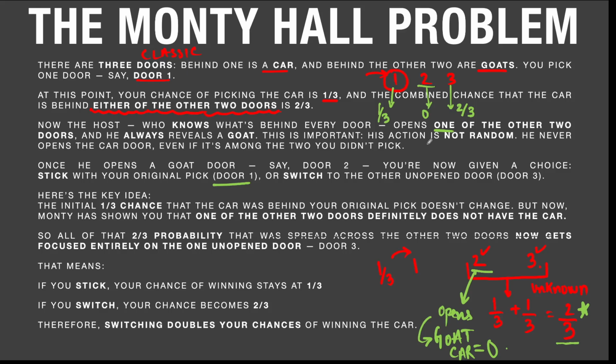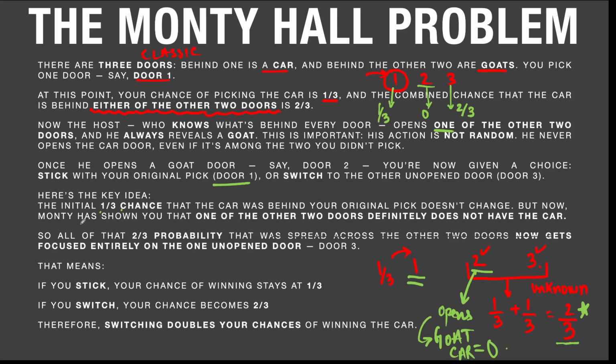This is how the entire situation is framed. Now, the initial 1 by 3 chance that the car was behind your original door does not change. That's when I say that the probability of door 1 having a car remains 1 by 3, right?